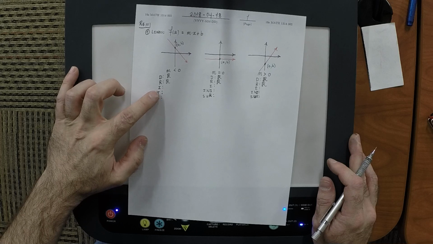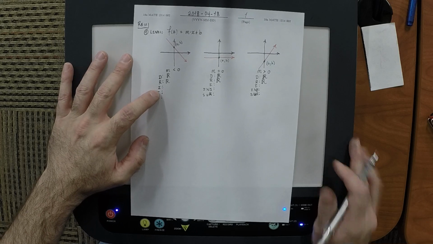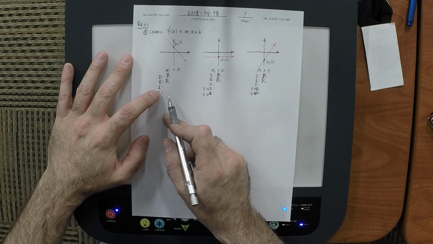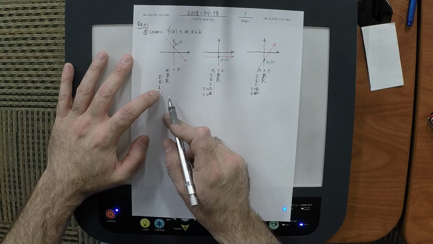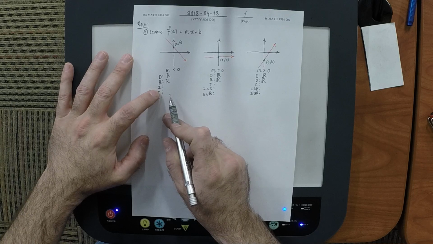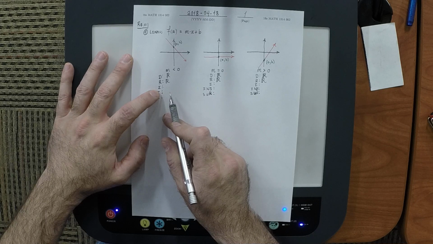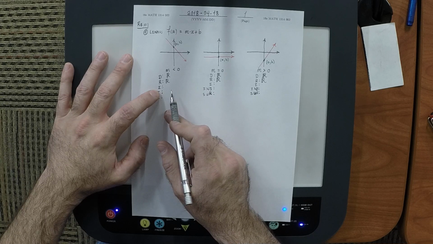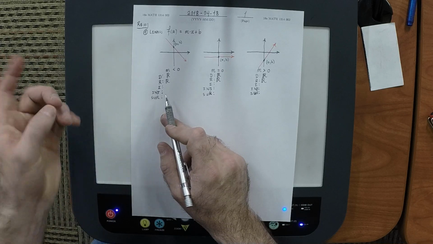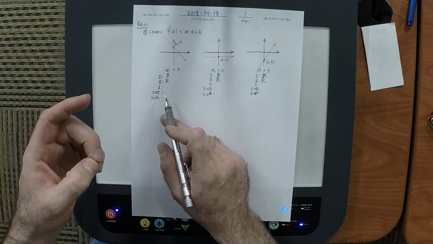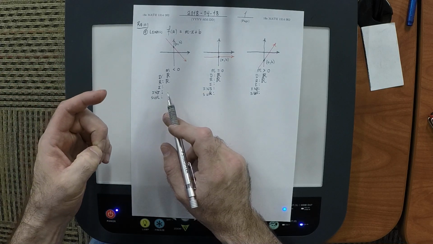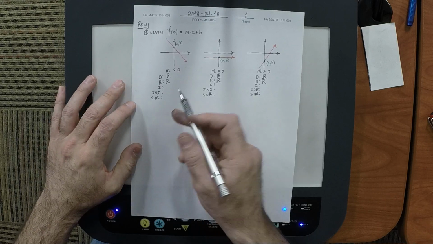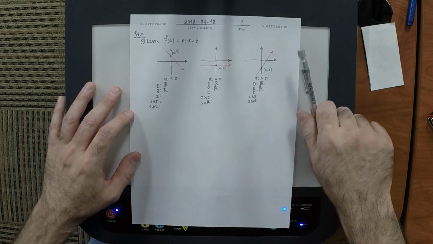All right, what's the image for this one? All reals. How do you see that? It's the same domain. It has a horizontal line test. So horizontal line test is the question to ask about injectivity. All reals can be obtained. Right. All y values, right? Y values, yeah.